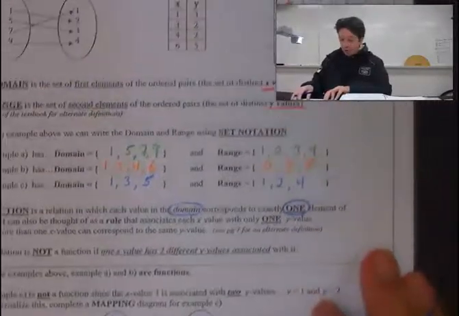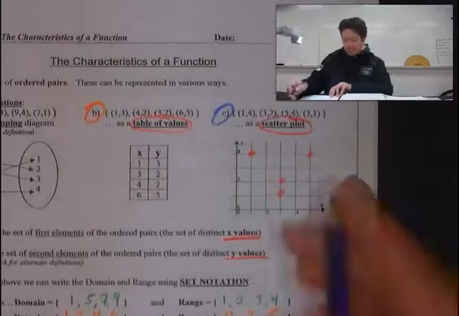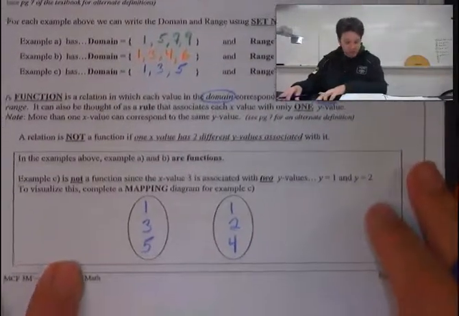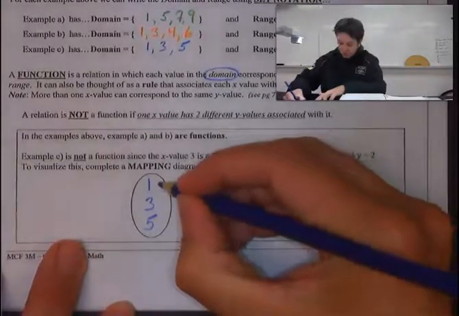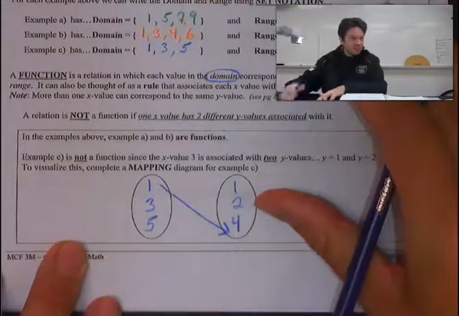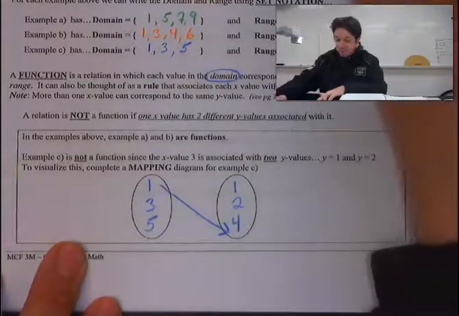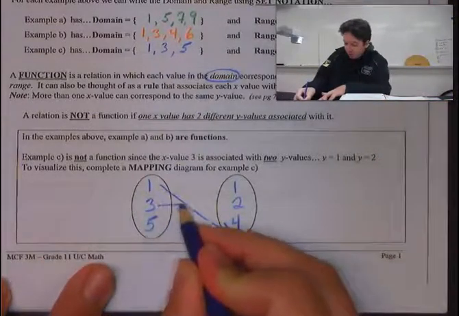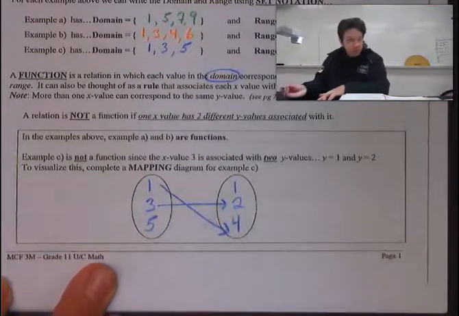Now, according to our relation here, 1 goes with 4. So let's match 1 with 4. The next one is 3 matching with 2. So 3 matches with 2. So far, so good.